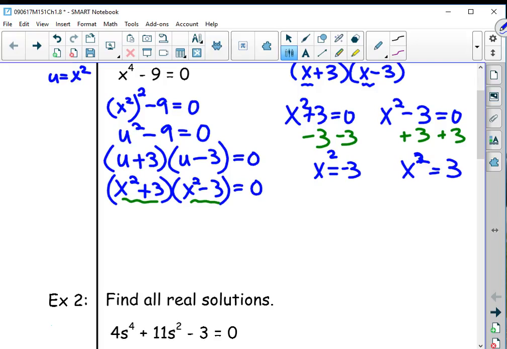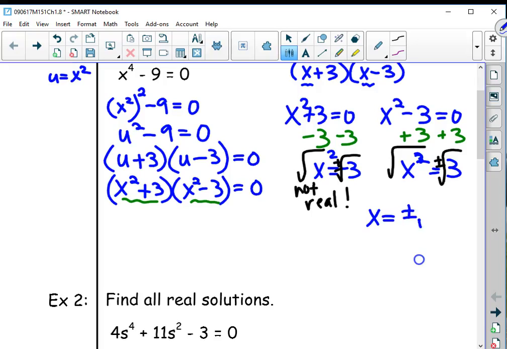Well, when I take the square root of both sides, on the left-hand side, I get an imaginary number, not real. And on the right-hand side, I get a radical. So my only real solutions for this problem are x equals plus or minus square root of 3.